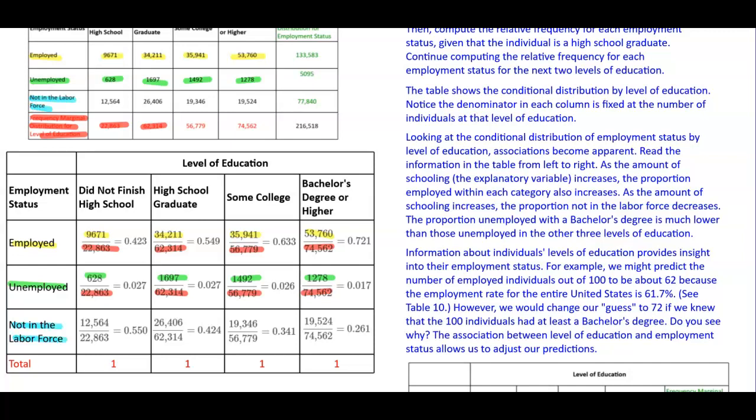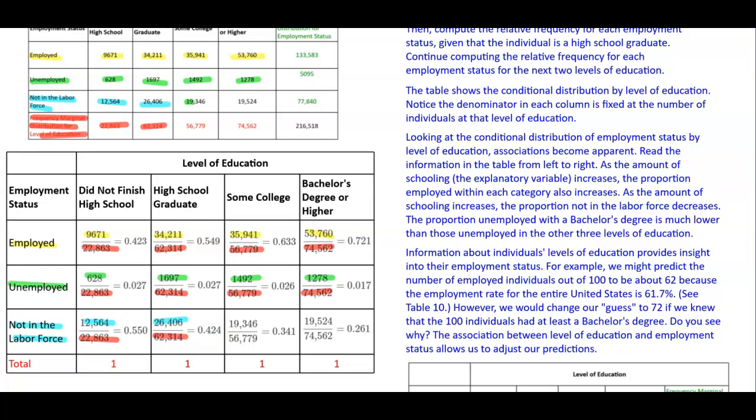The next row is the not in labor force. The value in the first column is 12,564, and dividing it by the total in that first column gives us 0.550. The next one, for high school graduate, is 26,406, and dividing by the total in that column of 62,314 gives us a relative frequency of 0.424.